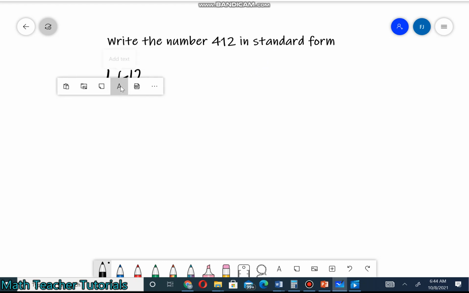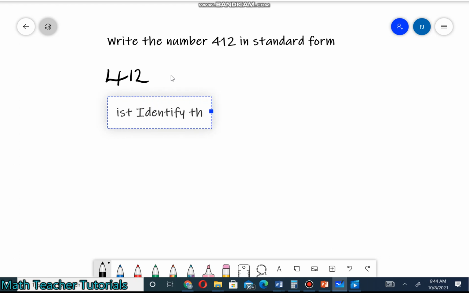The first step that we need to do in order to write 412 in standard form is that we must identify the position of the decimal point.